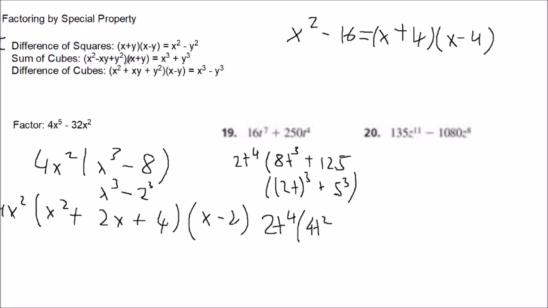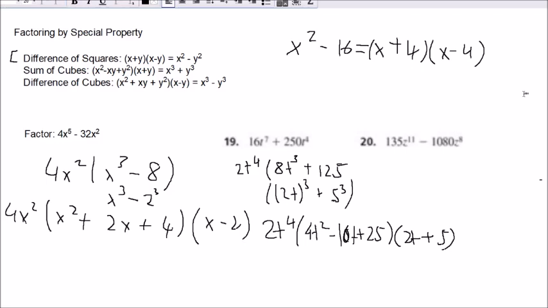And then minus xy, so minus 5 times 2t. 5 times 2t is 10t. Plus y squared. Y is just 5, so plus y squared, that's 25. And then our x is just this first number, so 2t, plus our y, which is this last number, just 5. So it's 2t to the 4th power times 4t squared minus 10t plus 25 times 2t plus 5.